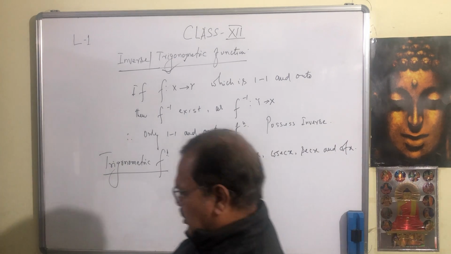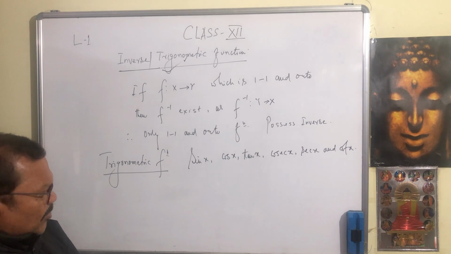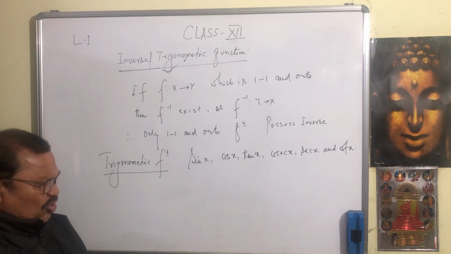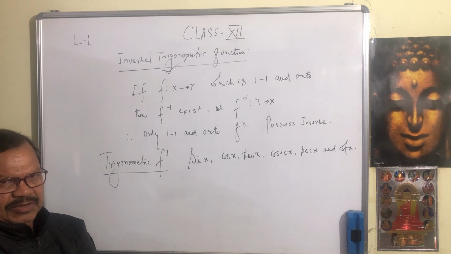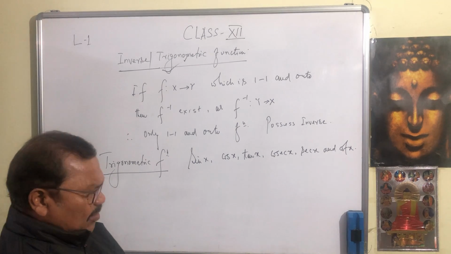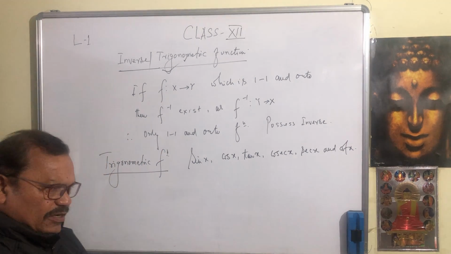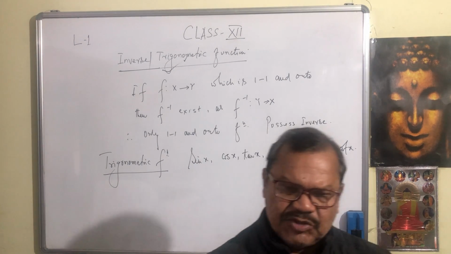So these are 6 trigonometrical functions. So our first thing is to think whether these functions possess 1-1 onto or not. So for that reason, let us see the domain and range of these functions.